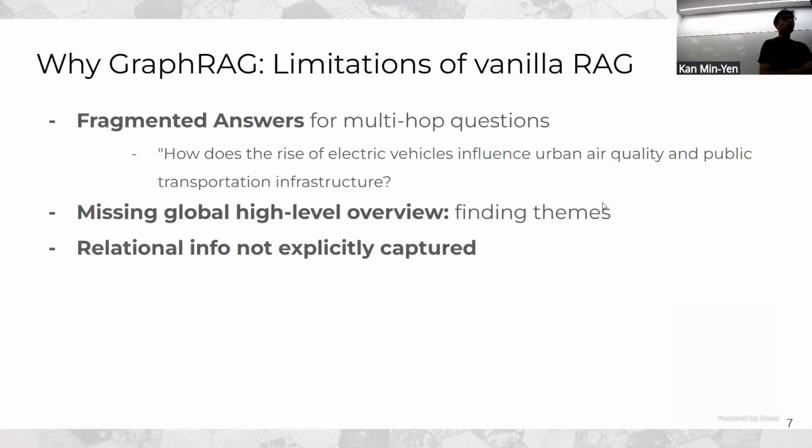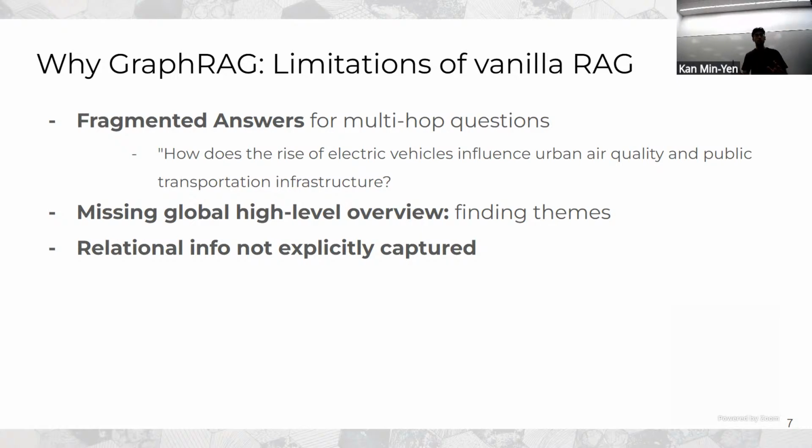But yeah, so some limitations of vanilla RAG give rise to trying to create GraphRAG. And one of them, as you guys have alluded to, might be fragmented answers for multi-hop questions. An example of a multi-hop question is: how does the rise of electric vehicles influence urban air quality and public transportation infrastructure?